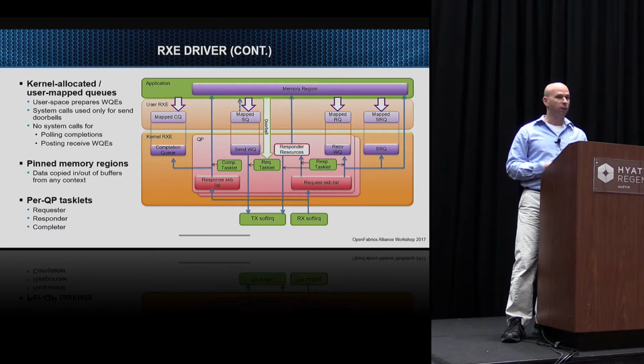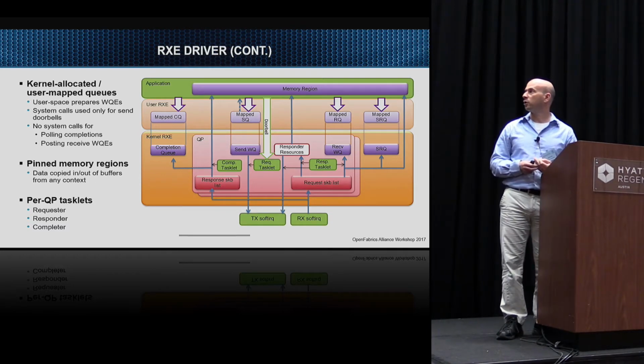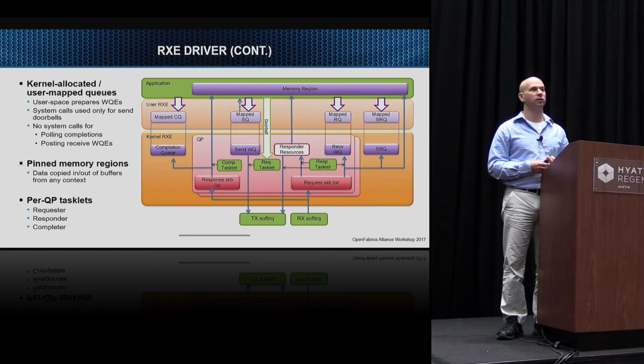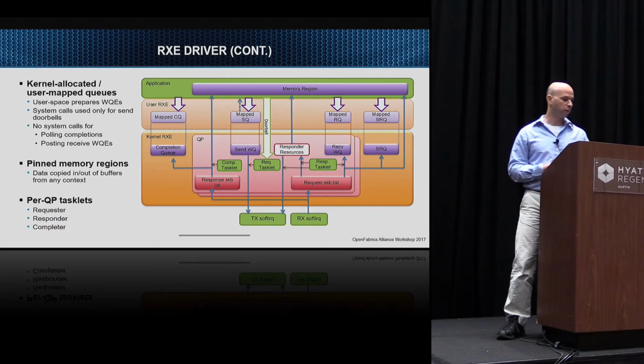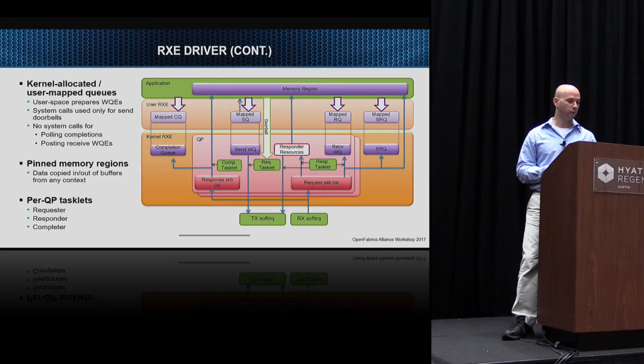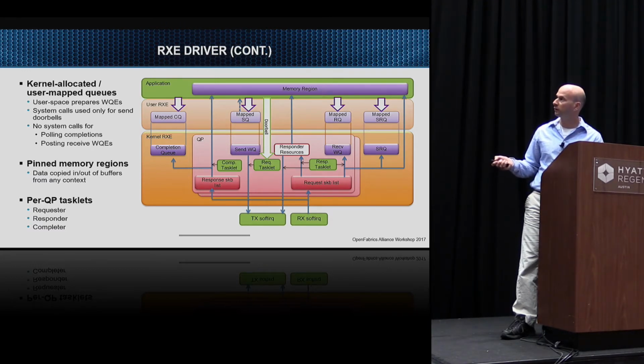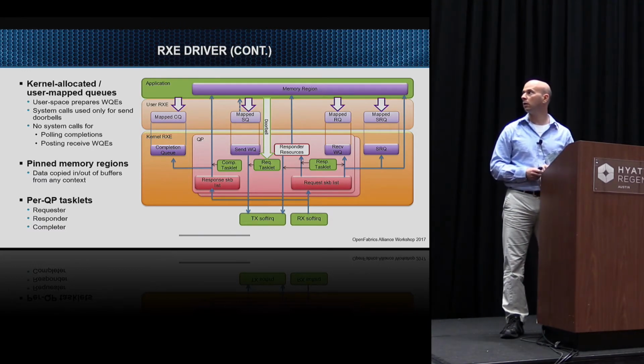In terms of scheduling context, currently the implementation uses 3 tasklets per queue pair, one for the requester, one for the responder, and one for the completer. When you're sending new work requests, the initial work actually gets done during the context of the system call that does the doorbell.